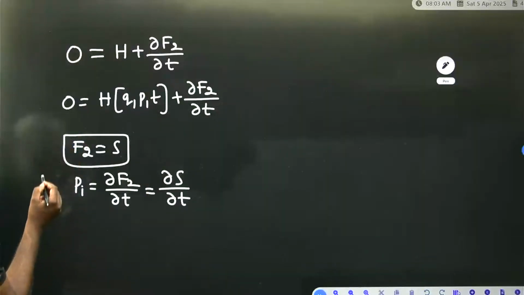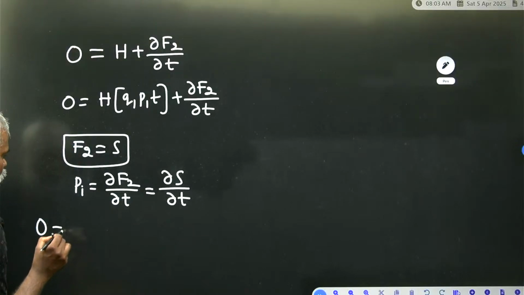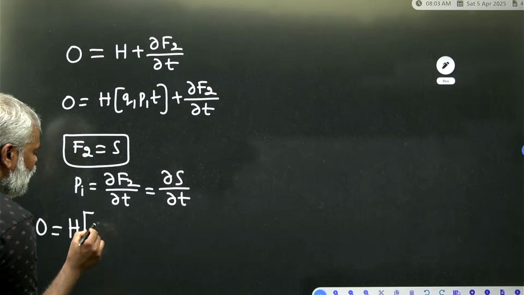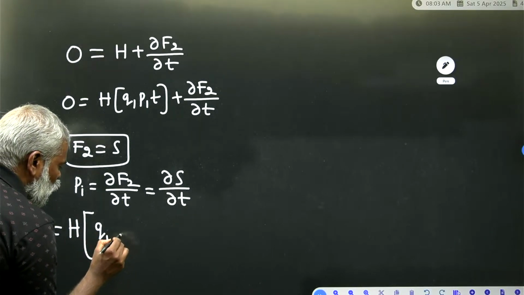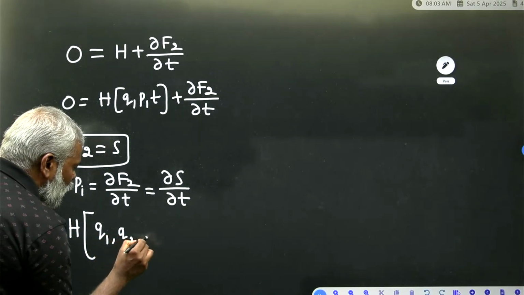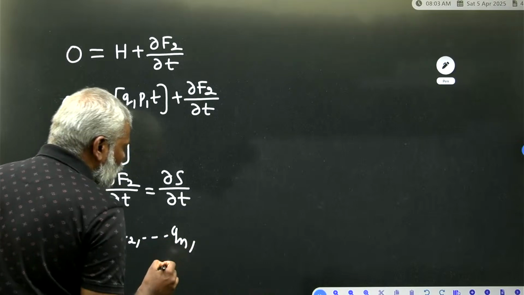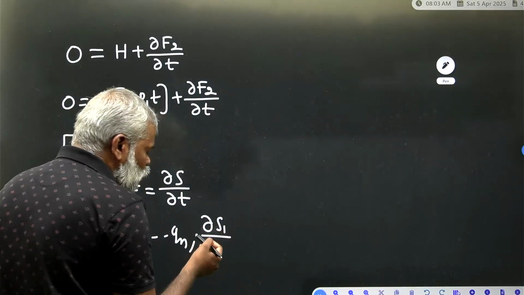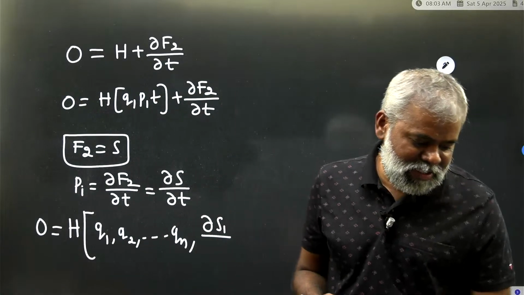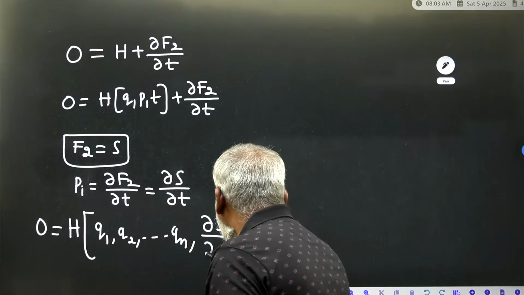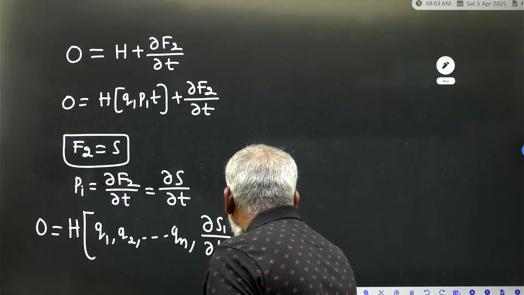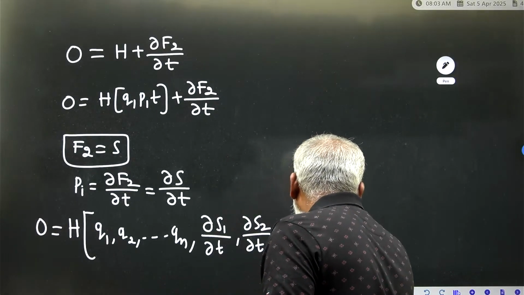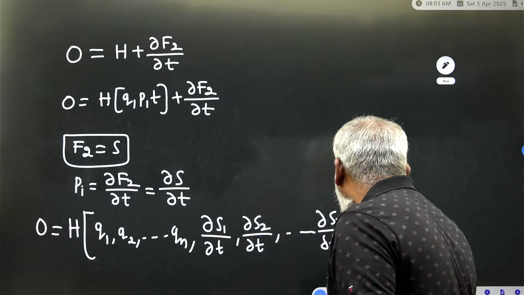Therefore our expression becomes 0 is equal to H in terms of the q's, that is q1, q2, up to qn, and now you can take ∂S1 divided by ∂t, ∂S2 divided by ∂t, up to ∂Sn divided by ∂t, comma t.